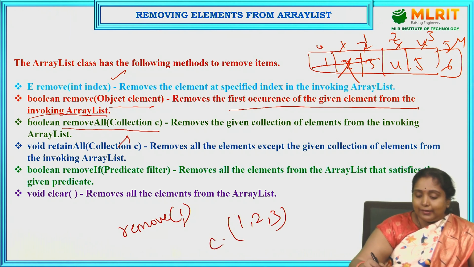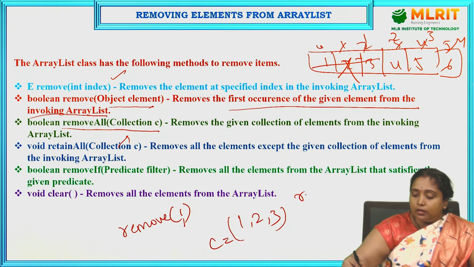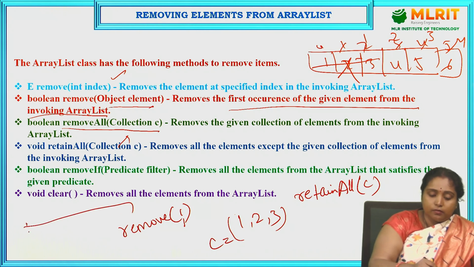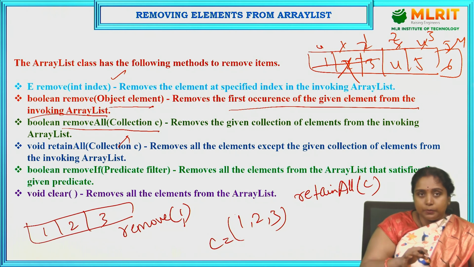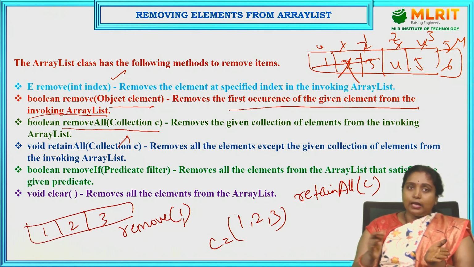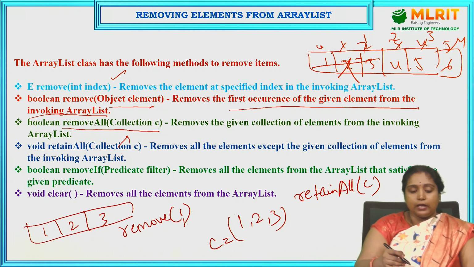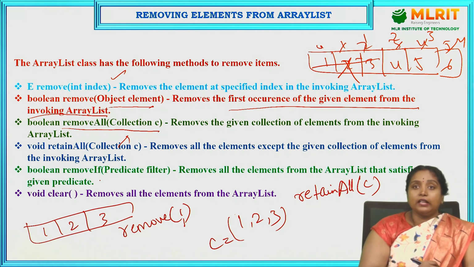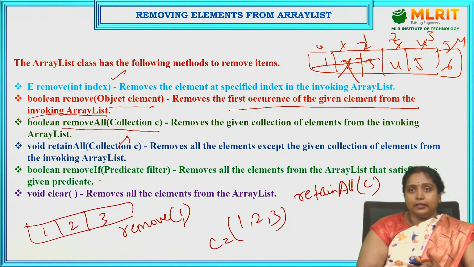So if I give retainAll of collection C, what happens? Only 1, 2, 3 will remain in the array and the other elements are removed. That is the retainAll method. removeIf: you can provide a predicate filter here.